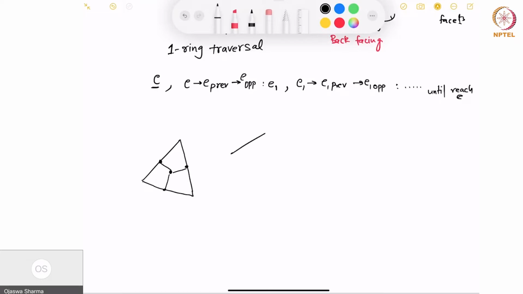And in general, if I have a polygon, let's say a hexagon here, I can always do the same and create a quad mesh out of a polygon mesh.